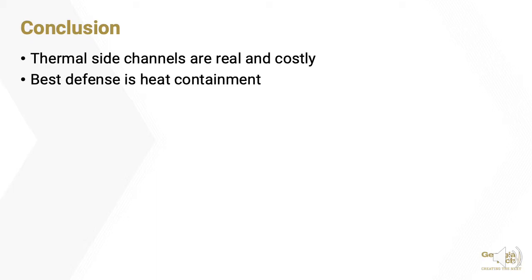The best defense to prevent thermal side channel power attacks is to implement a heat containment strategy in your data center. Just basically sectioning off the hot and cold aisles in the data center to prevent heat recirculation.